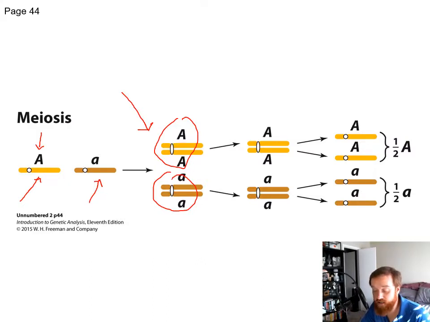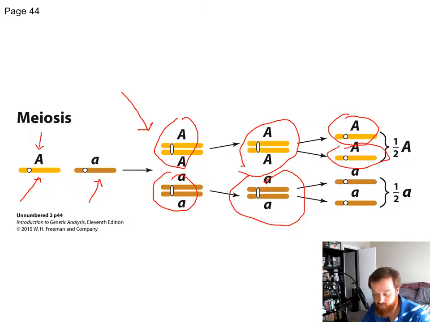Those chromosomes then segregate into different cells, and then they line up along the pole and segregate again to the point where we have 4 daughter cells, and each of those daughter cells has one of the 2 possible alleles. Half of the daughter cells have that large A that we started with, and half have the small a that we started with. So even though there are 4 daughter cells created through this process, you still have a 50% chance to get your dad's allele or a 50% chance to get your mom's allele.